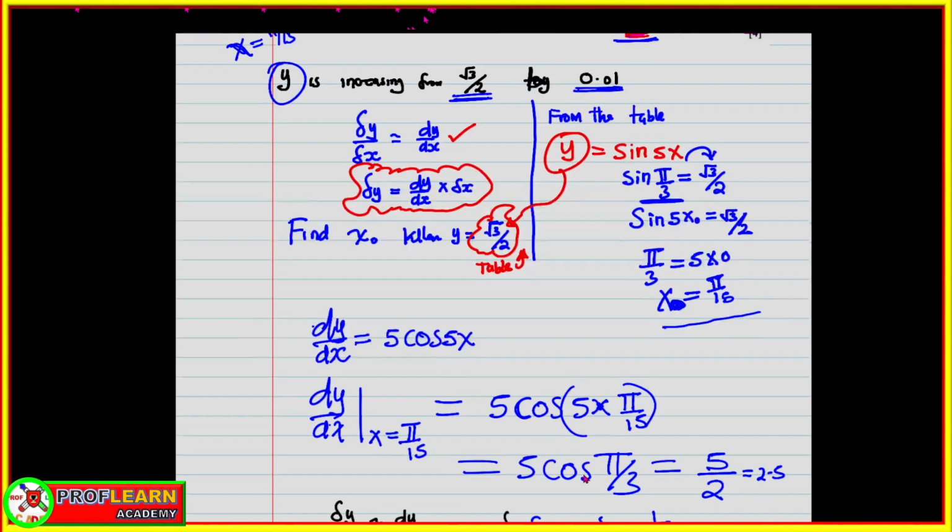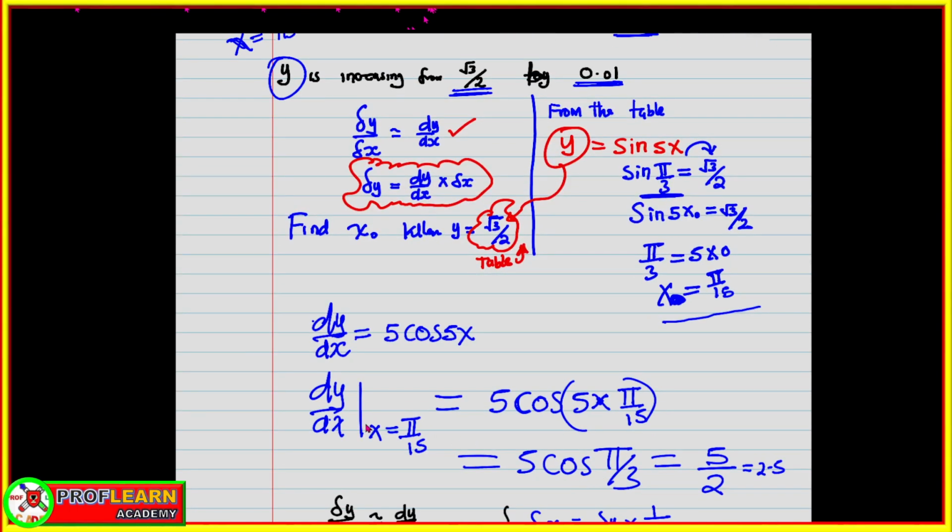So we need to evaluate dy/dx at pi over 15, and if you work it out, it will be 5 times cos of 5 times pi over 15, and you get cos pi over 3.